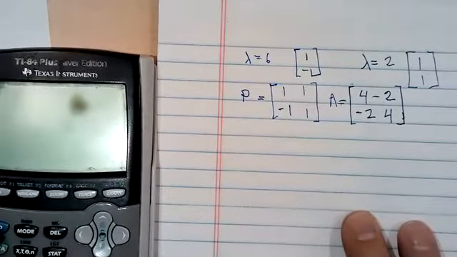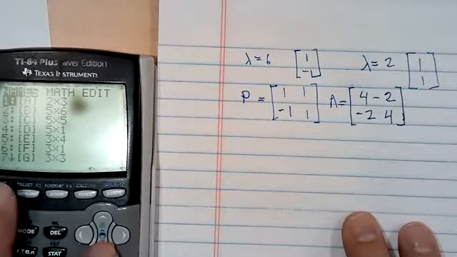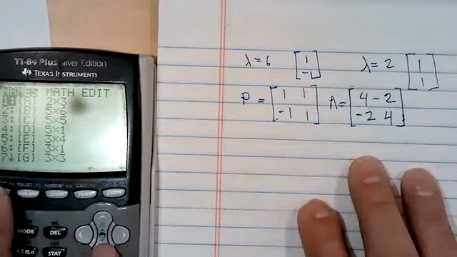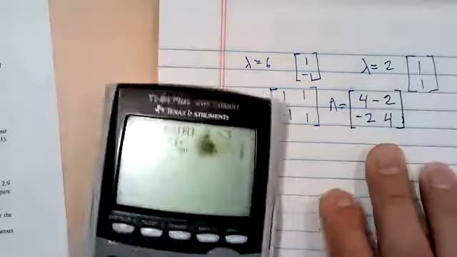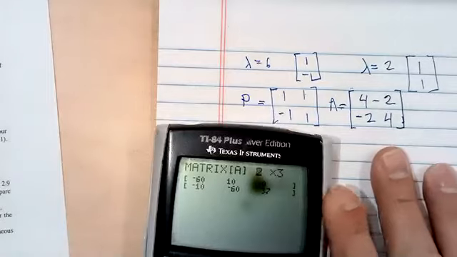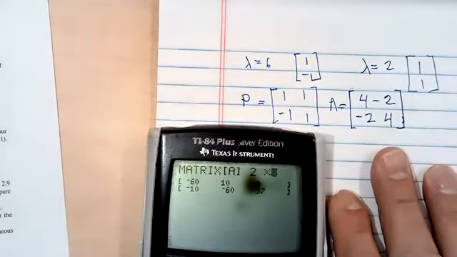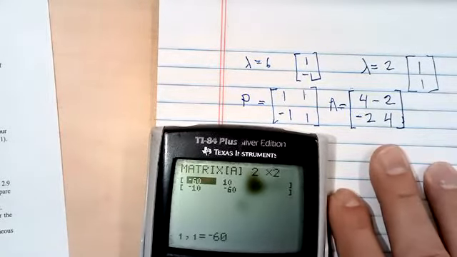All right, so let's go to matrix. I am going to put in A, the thing that I called A here. So that's a 2 by 2: 4 minus 2 minus 2, 4.